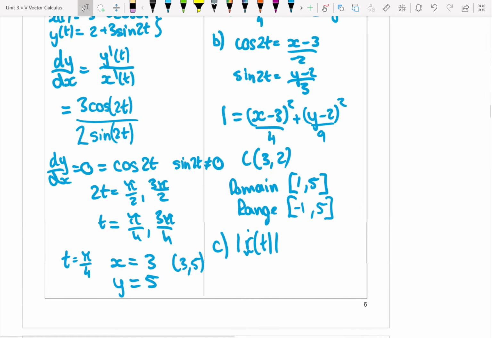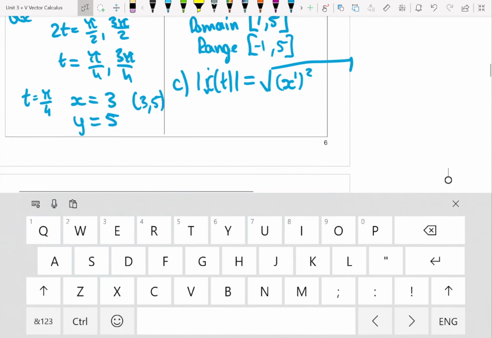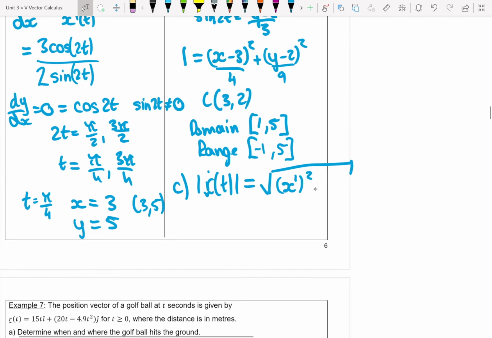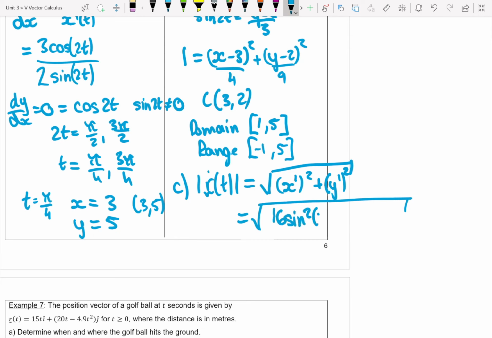So the magnitude of r dot of t is going to be equal to the square root of x prime squared, the derivative of x squared, plus the derivative of y squared, which in this case is going to give us the square root of 16 sine squared of 2t plus 36 cos squared of 2t.